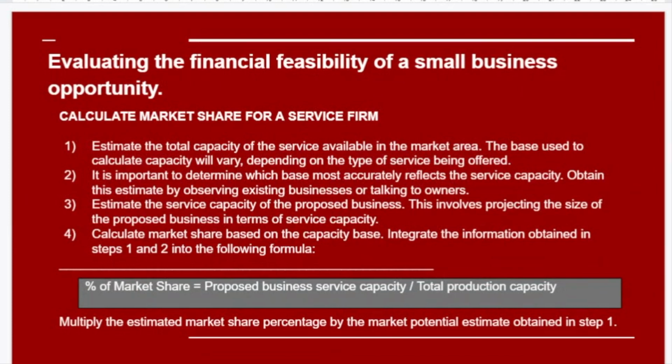So say an average business would work 2,000 hours a year. We've got 2,000 service hours a year, and the total service capacity of the town, if we added up all of the service firms, would be, say, 100,000. That would be 2%, 2,000 out of the 100,000.